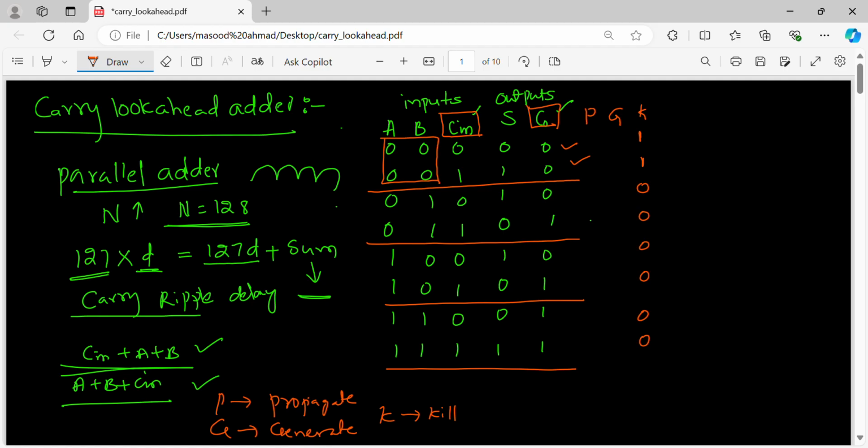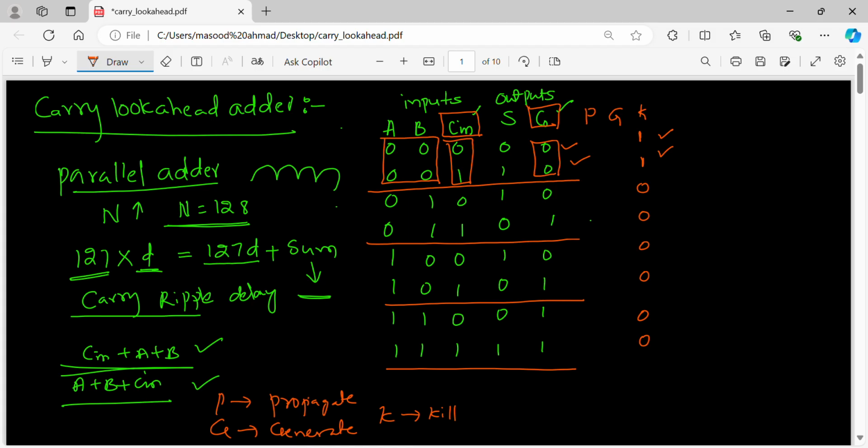I am defining a new function based on input carry and output carry with respect to the full adder. If you look here, the carry in is 0, 1, whereas the carry out is always 0. Always 0 is called kill.